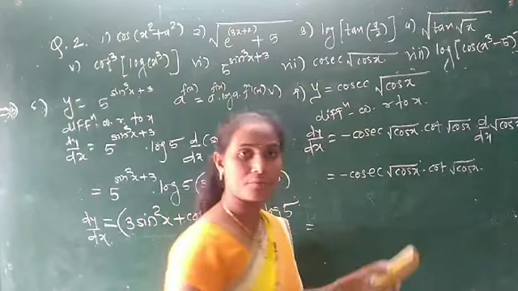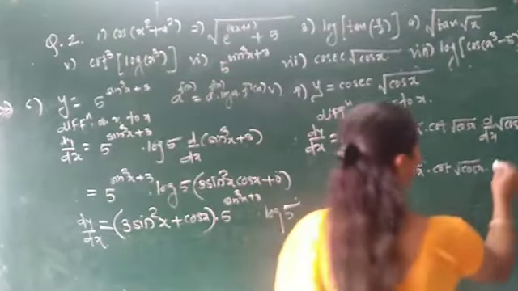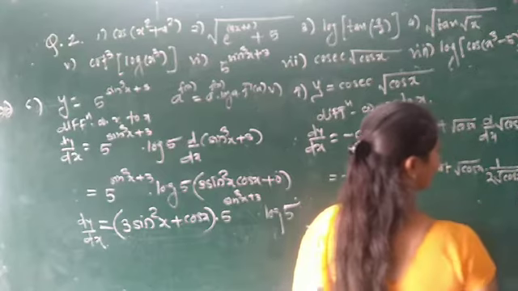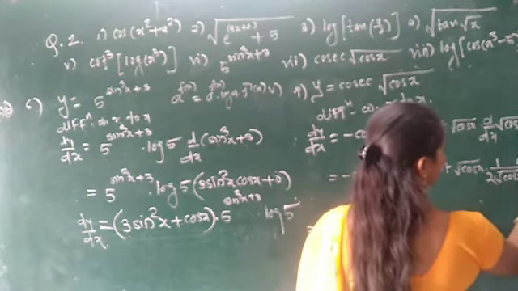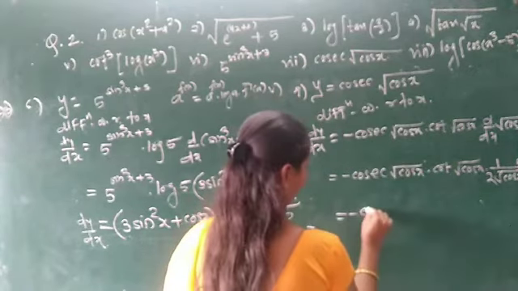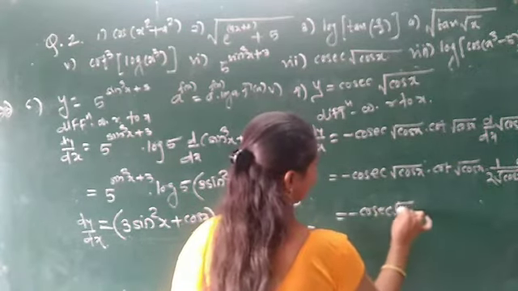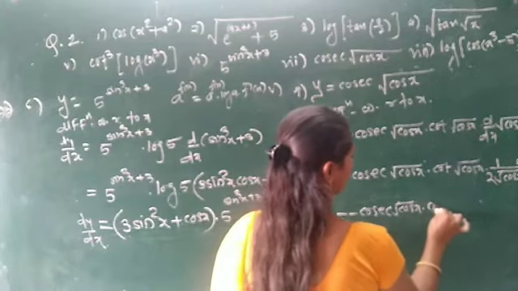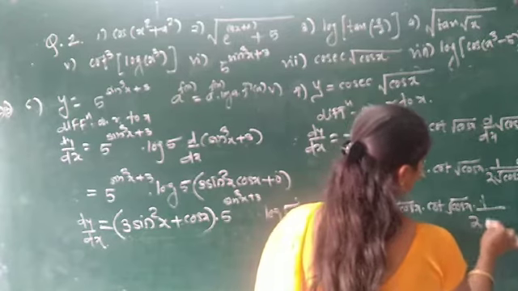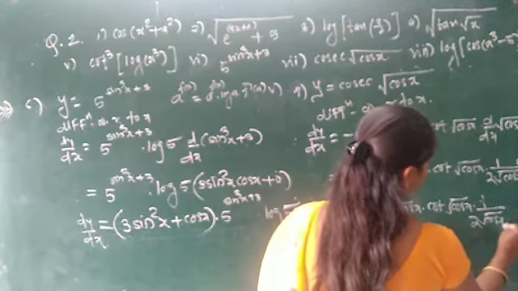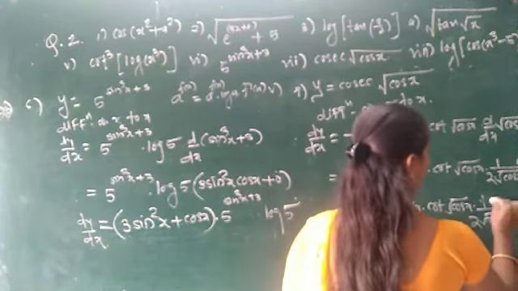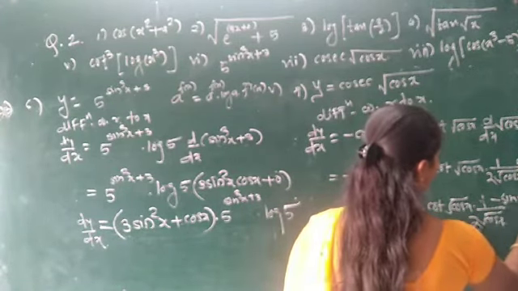Now this is in the form of root f of x. So the derivative is 1 upon 2 root cos x into the derivative of cos x. Derivative of root cos: minus cosec root cos x into cot of root cos x into 1 upon 2 root cos x into the derivative of cos x, that is minus sin x.